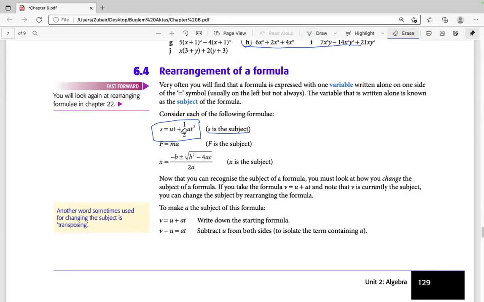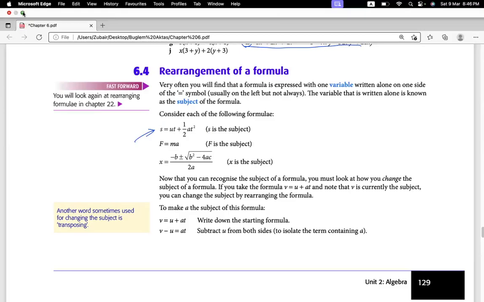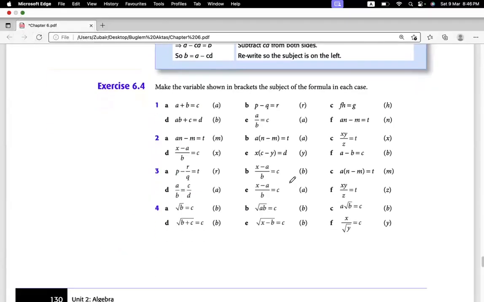So we use this formula in physics. Are you having sciences or business subject? Sciences, okay. So you may be using it as well. And F equals ma is force, mass, and acceleration. And the last one is the quadratic formula. So whichever is on the left hand side or alone is the subject of the formula. So we have to write and make the subject of the formula, rearrange them and solve for these.